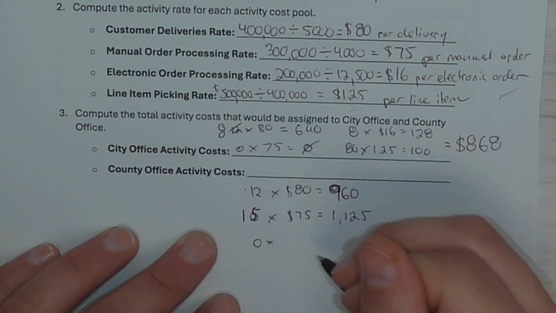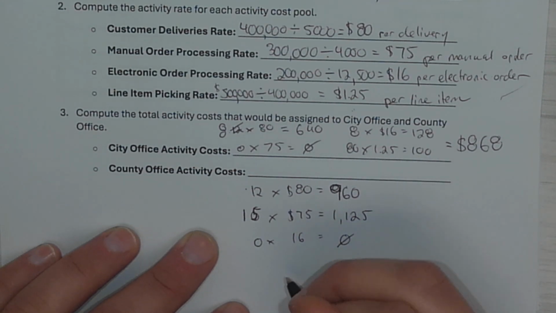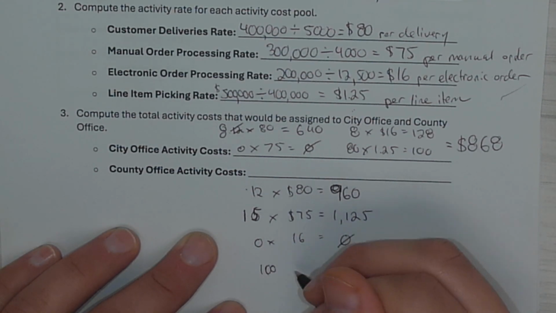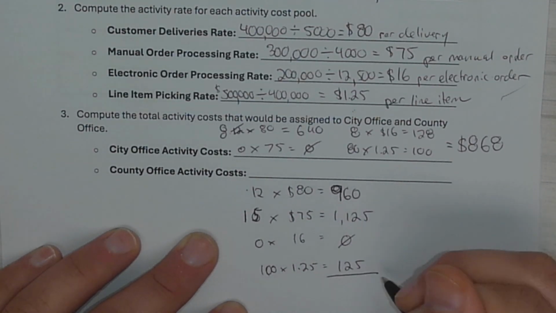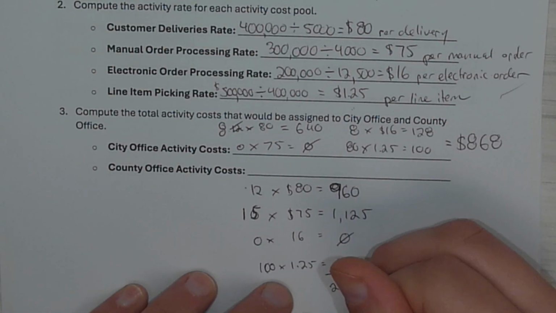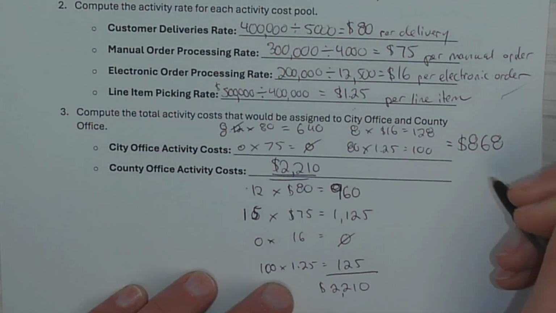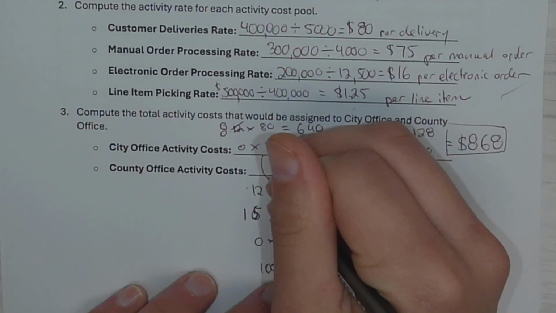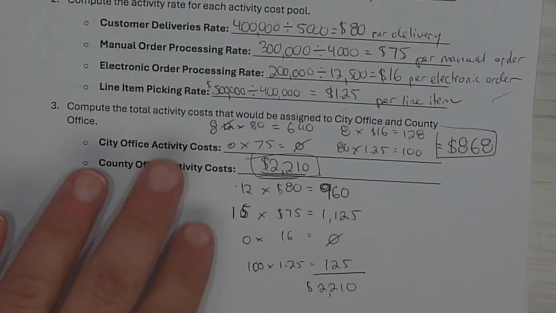We had 0 electronic at $16 per order. And we had 100 line items at $1.25 per line item. When we add these up, we get a total of $2,210. So we can see the difference now based on what is happening in the county and what is happening in the city.